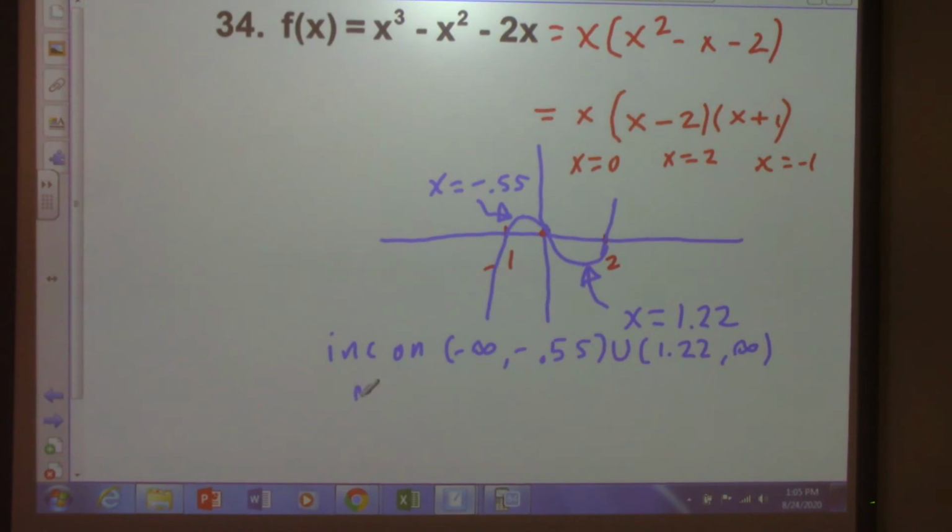And then we're decreasing on just whatever's left, right? So we have -0.55, comma, 1.22. And would that be our answer here for this one? Yes.